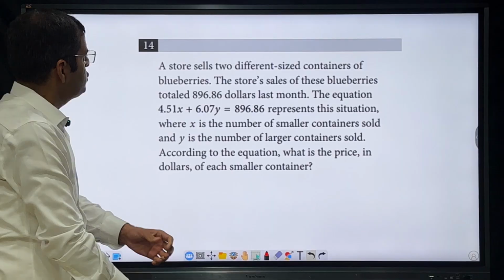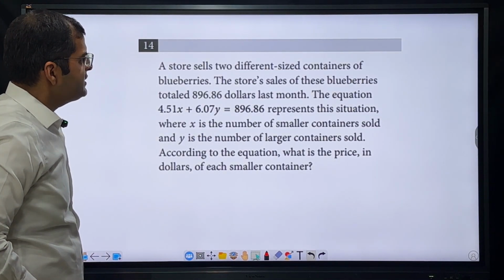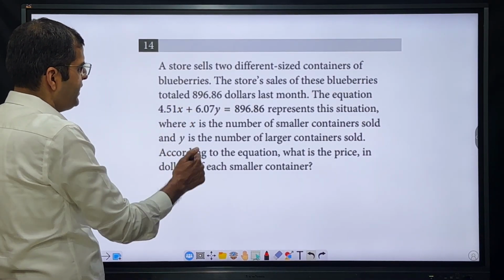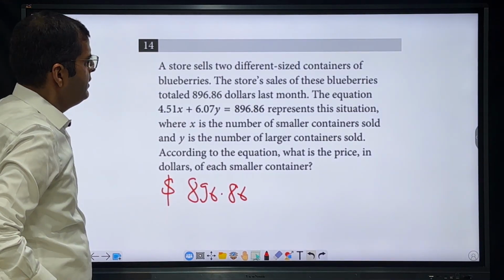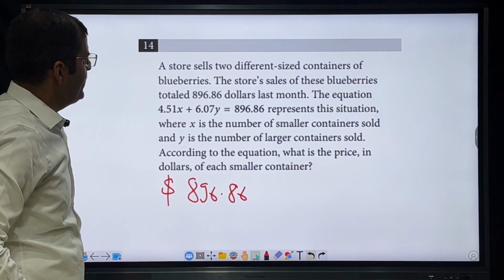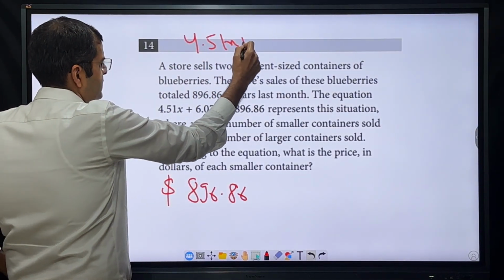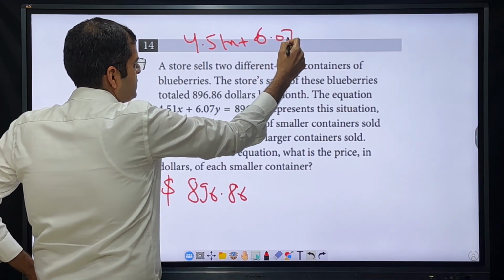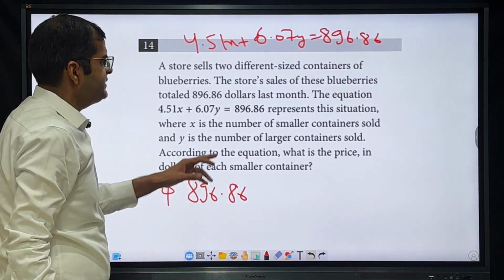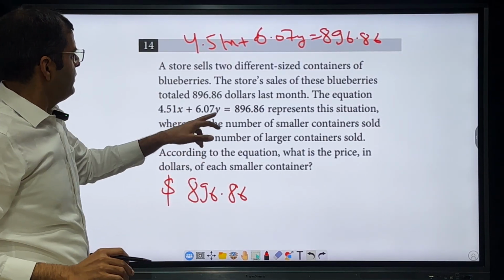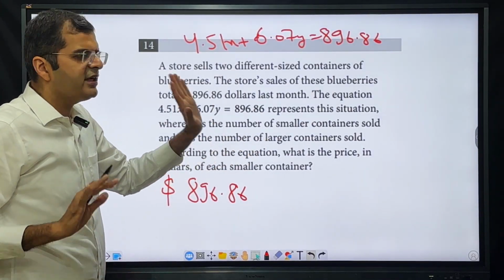Now this question says a store sells 2 different sized containers of blueberries. The store's sales of these blueberries totaled $896.86 last month. The equation 4.51x plus 6.07y is equal to 896.86 represents this situation, where x is the number of smaller containers sold and y is the number of larger containers sold.